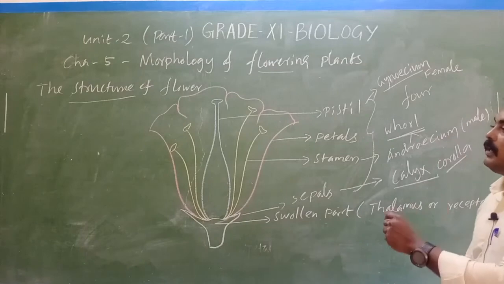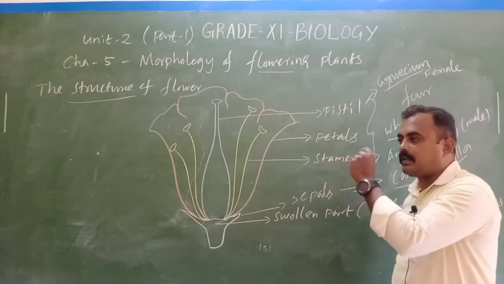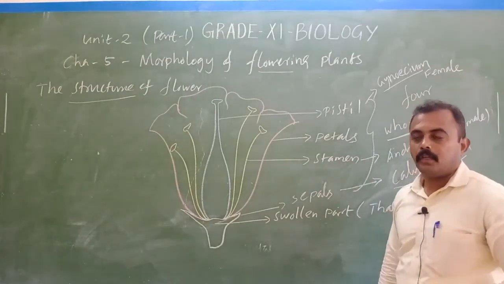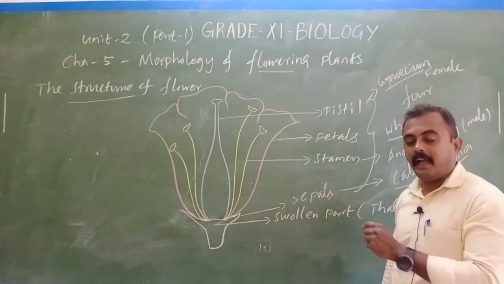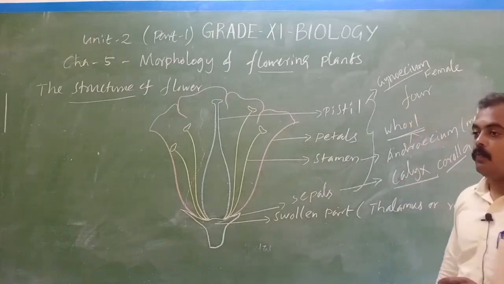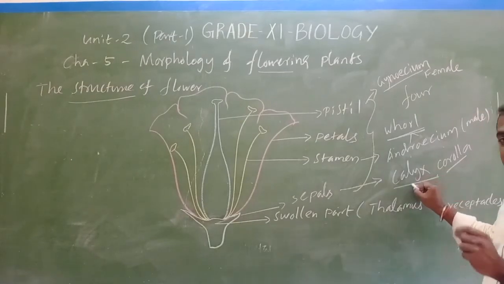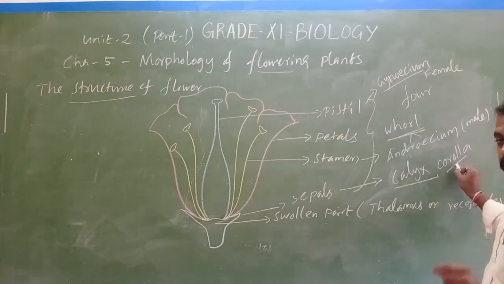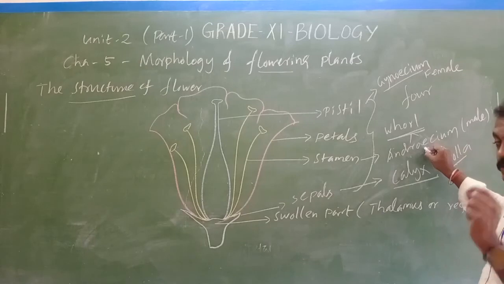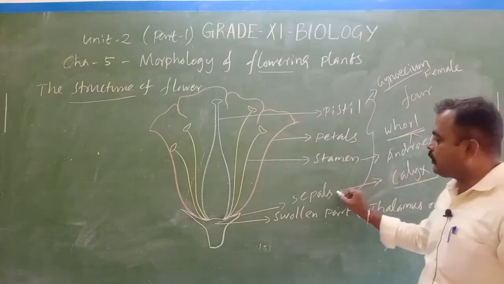So here you see the flower is the reproductive part of the plant. In the flower we have many things, especially four holes are present. One is calyx, another one is corolla, and androecium and gynoecium. Calyx denotes what?